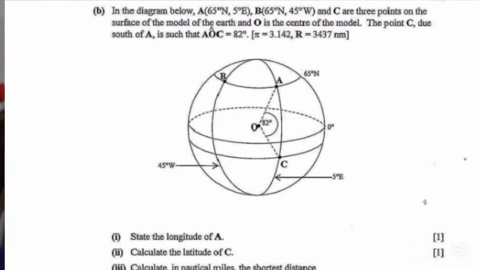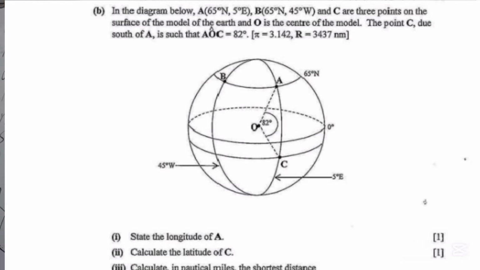We are told in the diagram below that A is 65 north, 5 east, and B is 65 north, 45 west. And C are 3 points on the surface of the model of the Earth, and O is the center of the model of Earth.